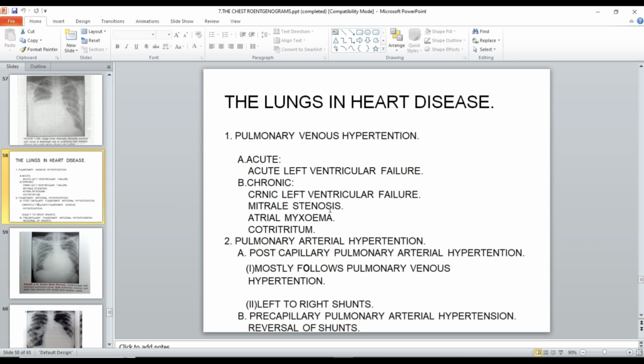Chronic is seen in chronic left ventricular failure, mitral stenosis, atrial myxoma, and cor triatriatum. Post-capillary pulmonary arterial hypertension mostly follows pulmonary venous hypertension, and left to right shunts. Pre-capillary pulmonary arterial hypertension is due to reversal of the shunts.